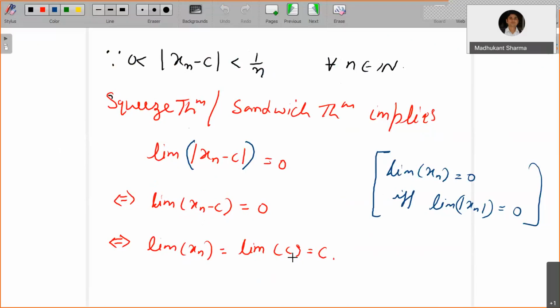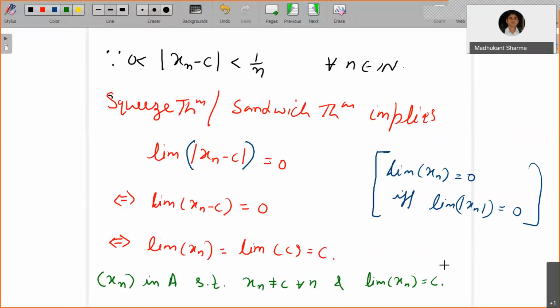So what you observe is that once a point c is a cluster point of the given set A, then you will always be able to identify a sequence xn in A such that xn is not equal to c for every n and the limit of xn is c.